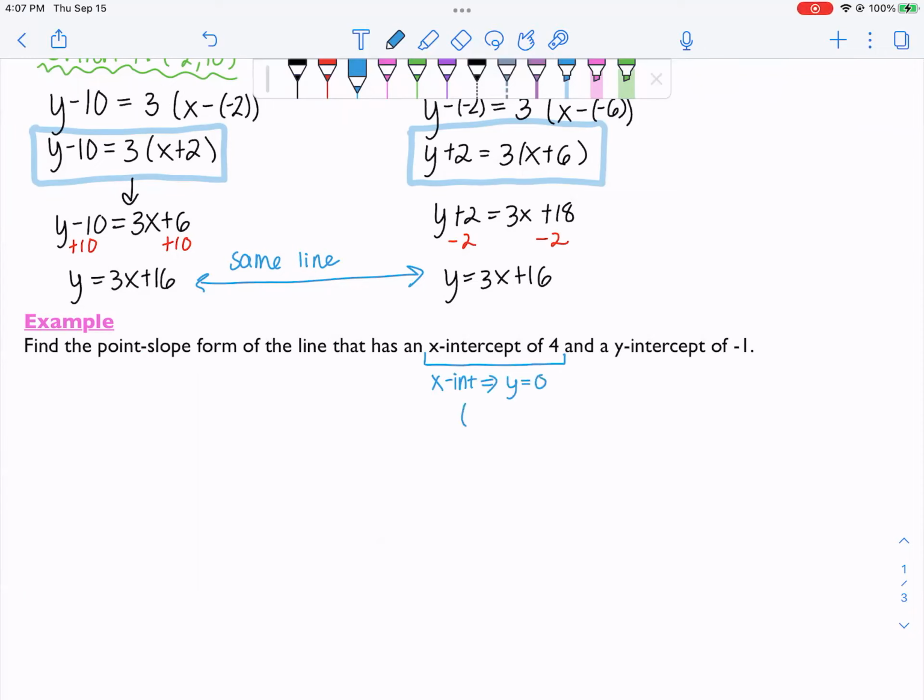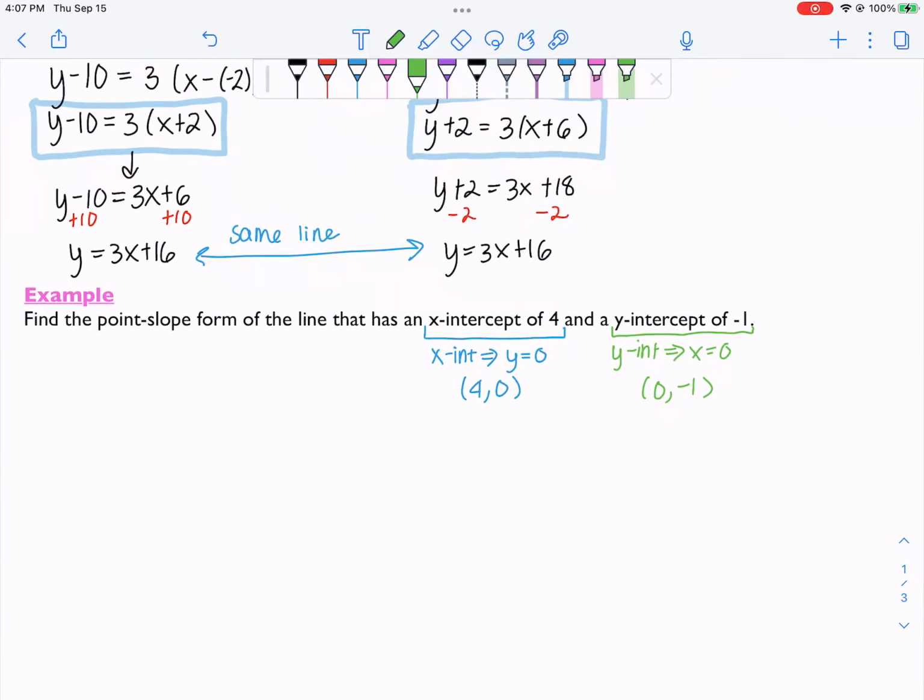So this is the point (4, 0). And y-intercepts have an x value of 0. So the y-intercept of -1 is the point (0, -1).